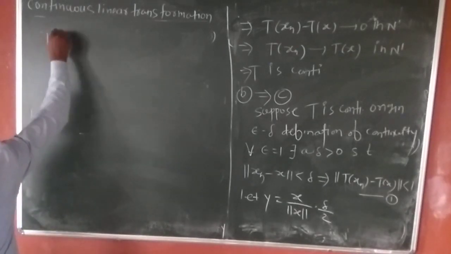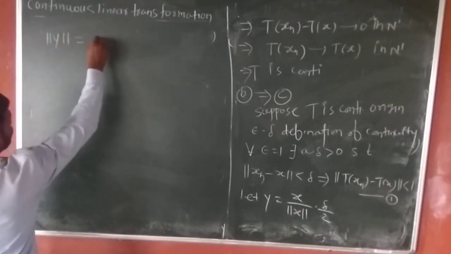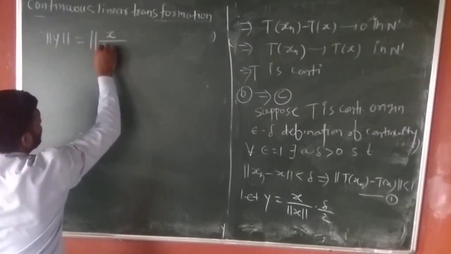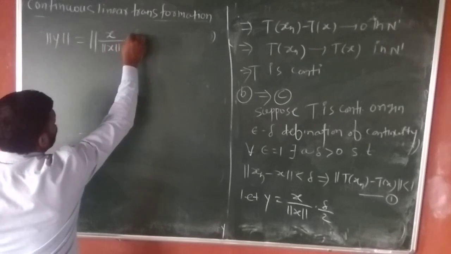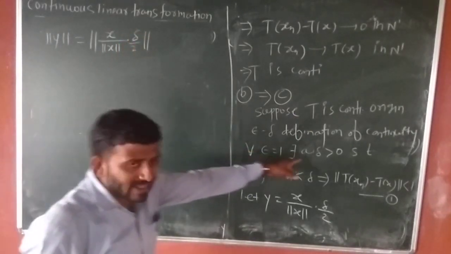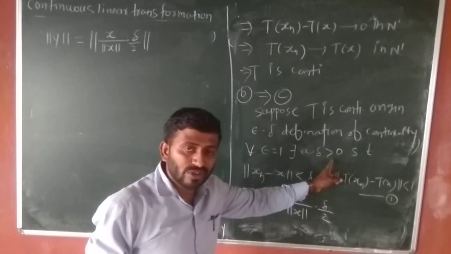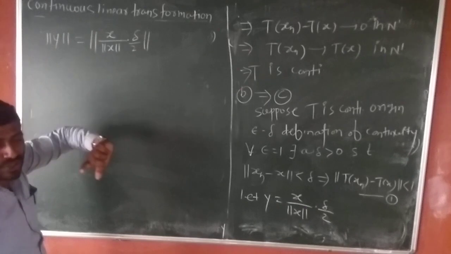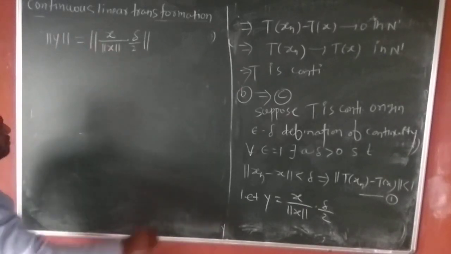Norm of y is equal to norm of x upon norm of x into delta by 2. But here delta is greater than 0, that means it is a positive real number, and 1 by 2 is also a positive real number, so you can take them outside the norm.